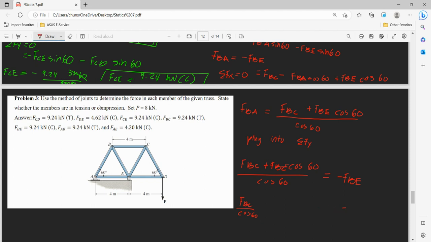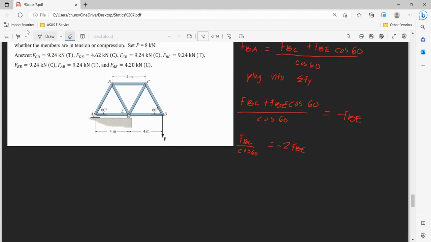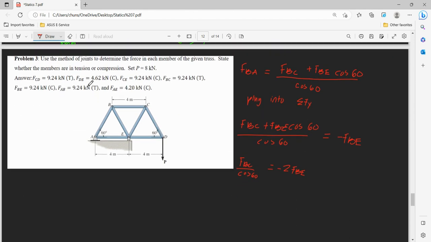So we move the FBE over. Okay, and this gives us, we know what FBC is. FBC we found to be 9.24. So this is 9.24 divided by cos 60 divided by negative 2. And this is 9.24 for BE. So FBE is equal to negative 9.24, which is equal to 9.24 kilonewtons in compression.